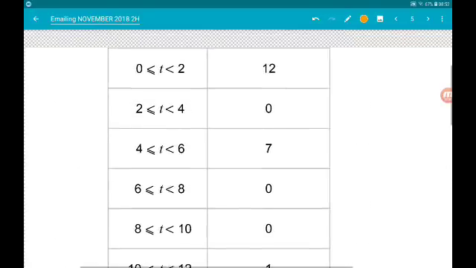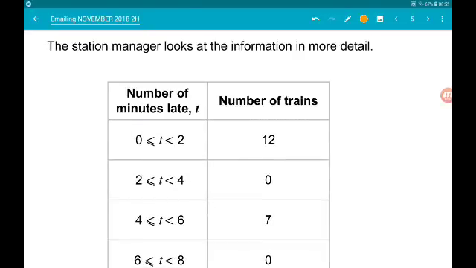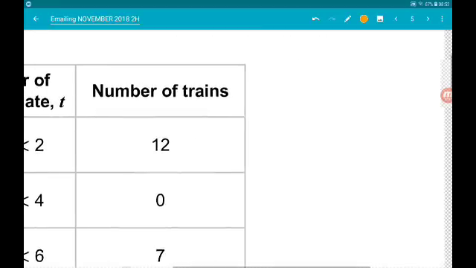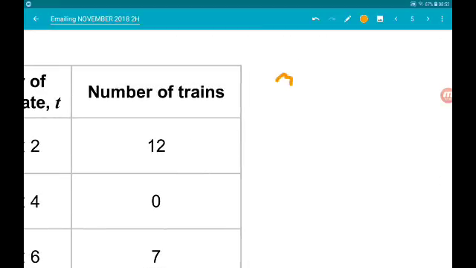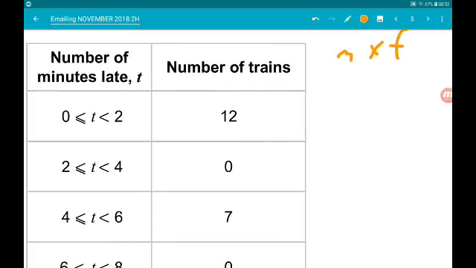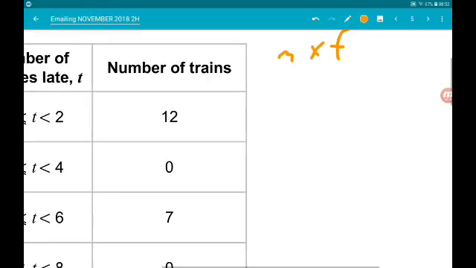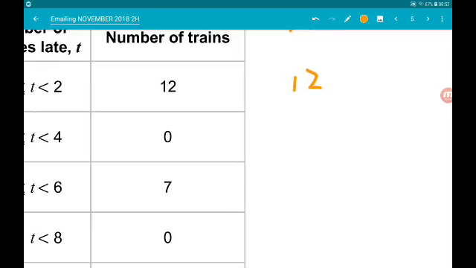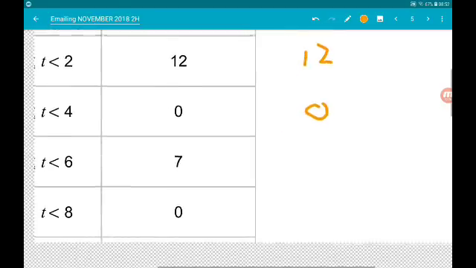Well, let's work out what he would get for his total. Let's do his midpoints times his frequencies. The midpoint of 0 to 2 is 1. 1 times 12 is 12. We have a 0 in the next one, so we just put 0.